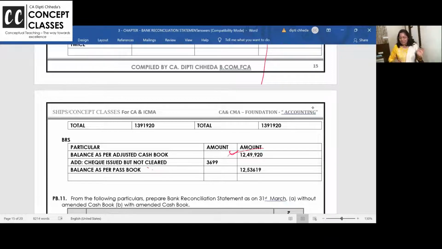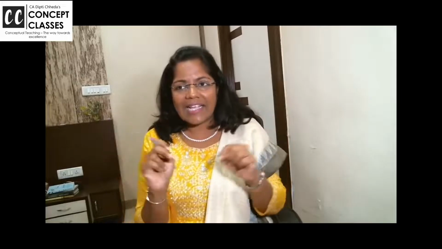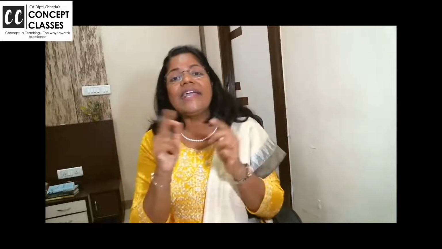Yes? Once again, I want to give the gist. If they ask you to solve the problems of BRS with adjusted cash book, start with the balance as per our books, prepare the adjusted cash book. In the adjusted cash book, rectify the errors.